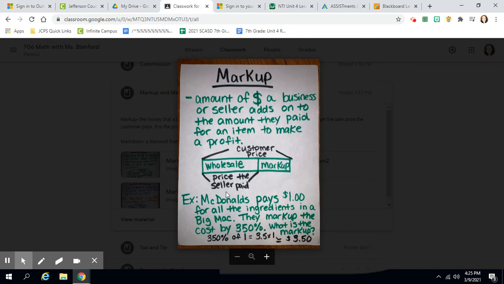So the wholesale is the amount that they paid for all the ingredients of the Big Mac. The markup is how much they're adding on to that cost to make the total customer price that you would pay. In this case, a person would pay $4.50 because it's $1 for the wholesale. That's what they paid. McDonald's pays for all the ingredients. They mark it up by $3.50. So that means you as a customer are paying $4.50 for a Big Mac.